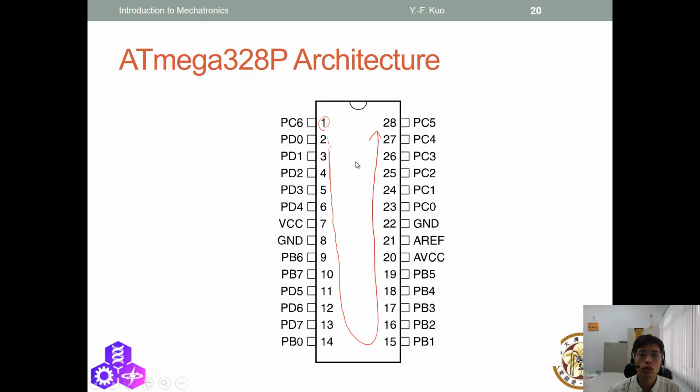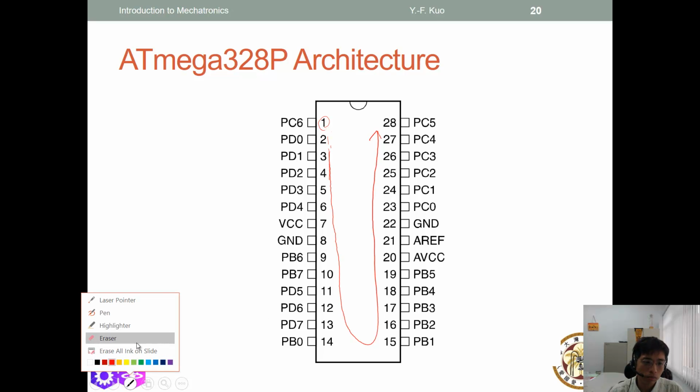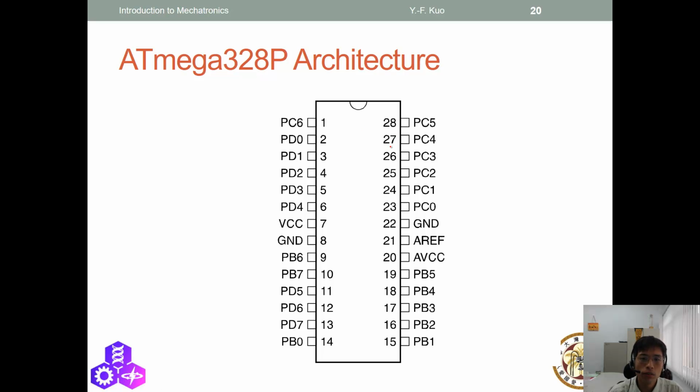Okay, so there are 28 pins, and each pin has its name. And for a microcontroller, you need to supply the power, so you have to connect it to a battery so it can work, right? So you need at least one VCC pin and one ground pin. And this microcontroller has an AD converter, analog to digital converter.